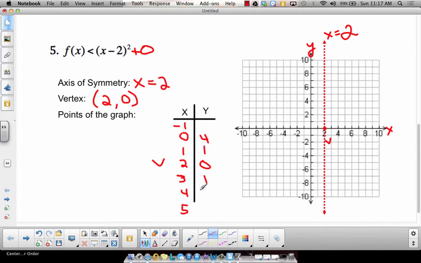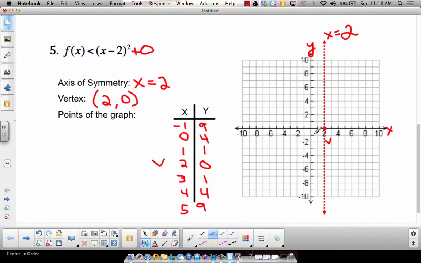Being 2 points away, I'm at 4. Being 2 points away here, I'm at 4. So substitute negative 1 in. Negative 1 minus 2 is negative 3. Negative 3 squared is 9. And that's far enough. We know it's a mirror image, so I can go ahead and do that.